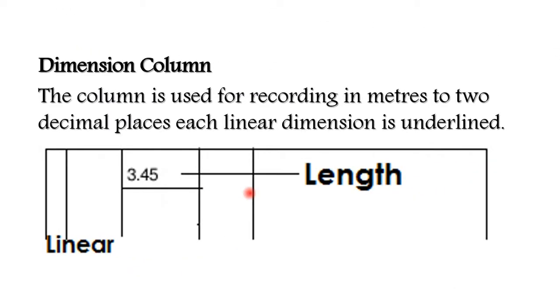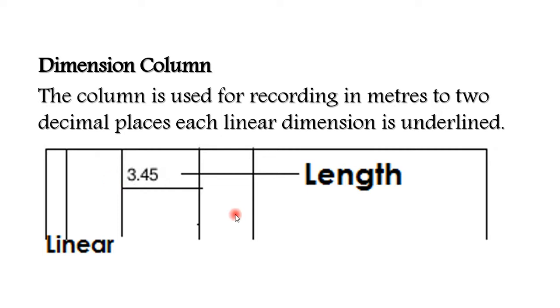Then the next is the dimension column. So we've looked at the times in, where you have maybe several identical objects that you are working on. Then you use the times in column. But in this case, the dimension column is where you enter the dimensions from the plan. It's either after you have done some waste calculations or not, so you enter there.